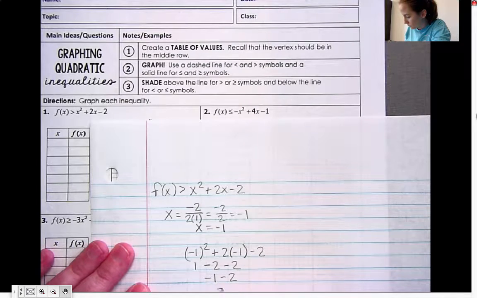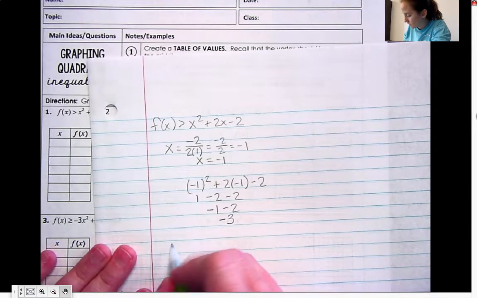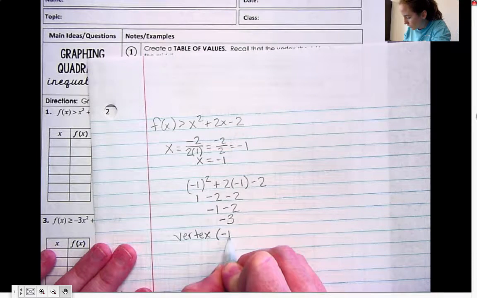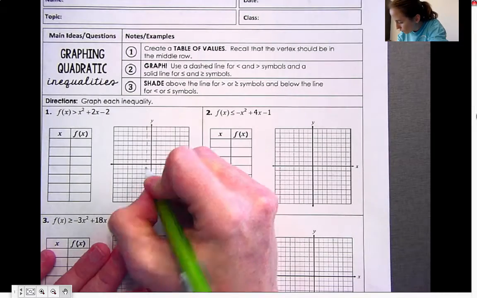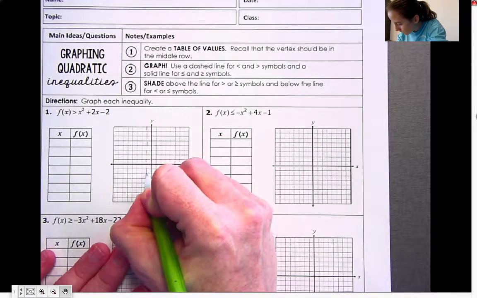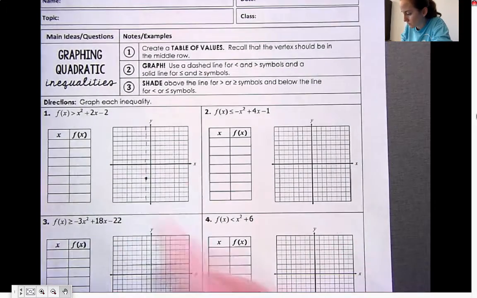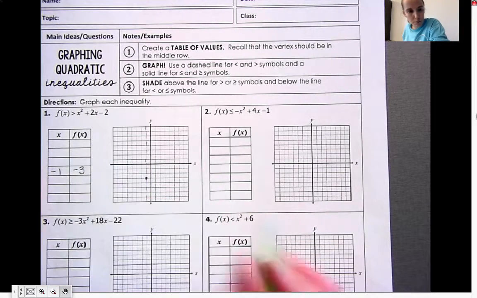Minus 2, I have negative 3. So my vertex is negative 1 comma negative 3. So I know negative 1 comma negative 3 is right here. Now I'm going to put this in the center of this table. Negative 1, negative 3, that's the point there.